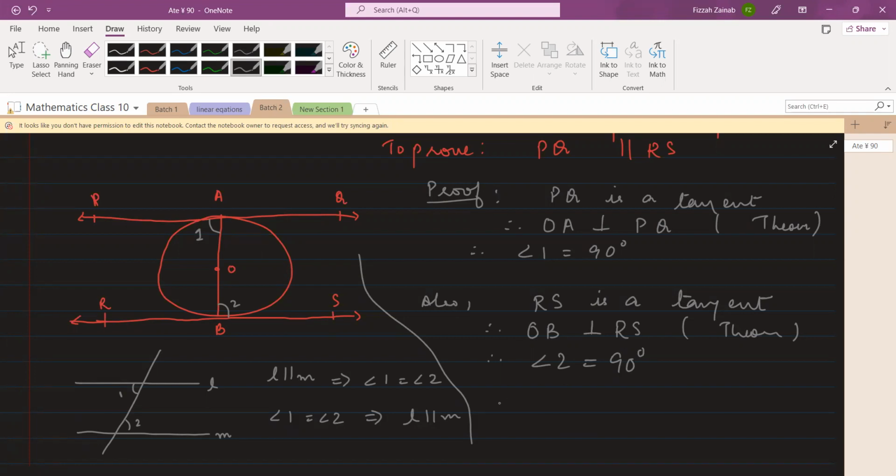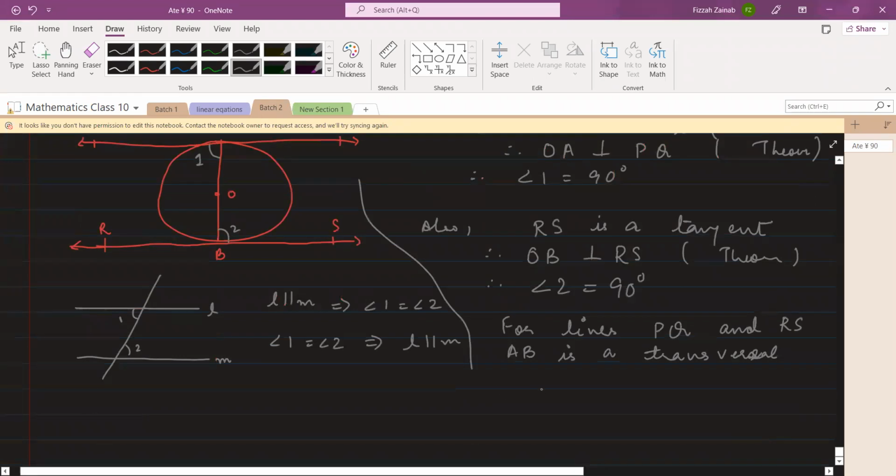Now for lines PQ and RS, AB is a transversal, right? So if we are thinking of two lines PQ and RS and AB as a transversal, then angle 1 is equal to angle 2, as we have already proved.